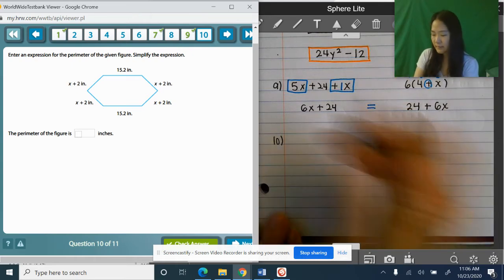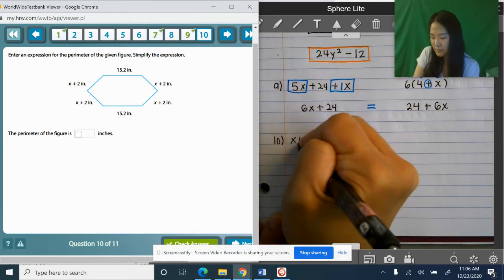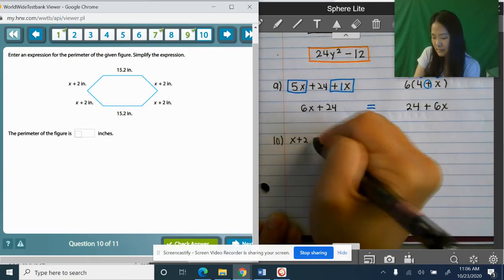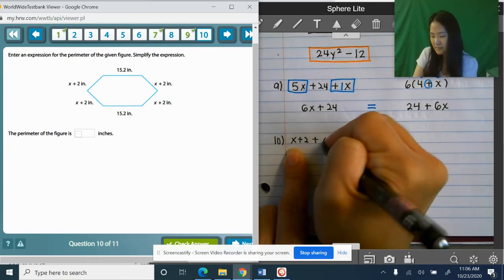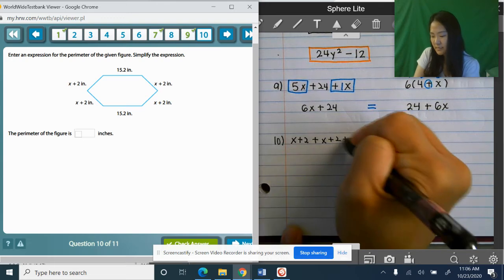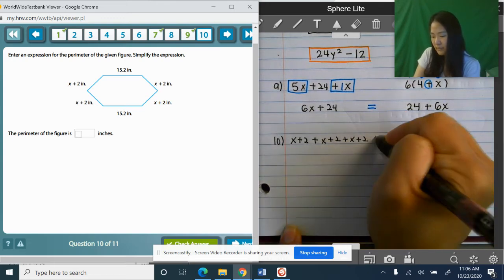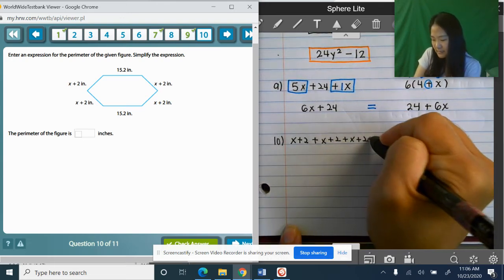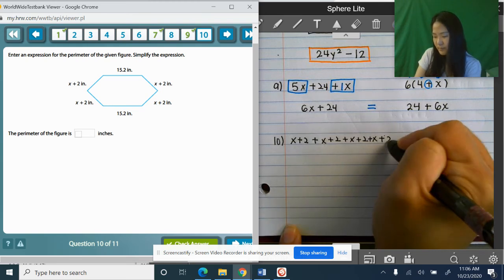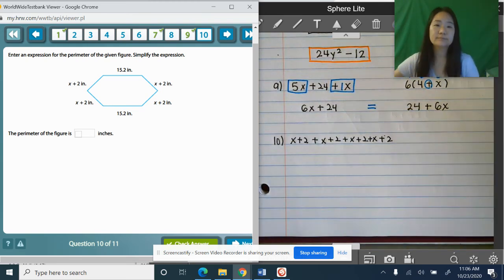So I'm going to first write all of my x plus 2's. There's 1, x plus 2, plus x plus 2, plus x plus 2, plus x plus 2. So there's 1, 2, 3, 4 of those.